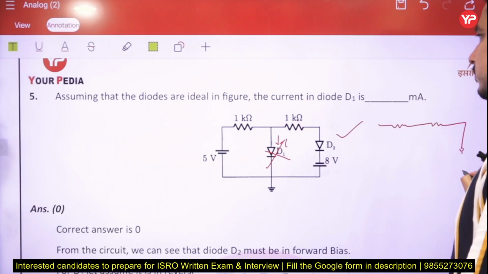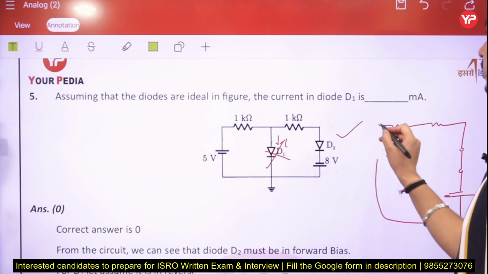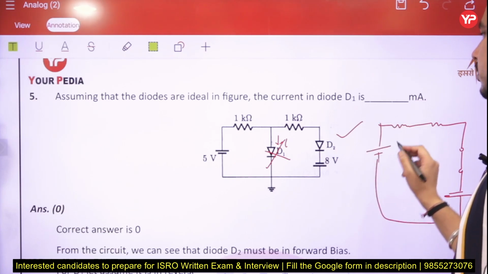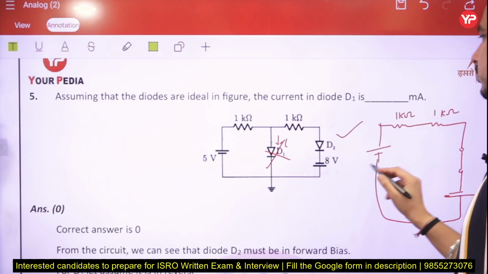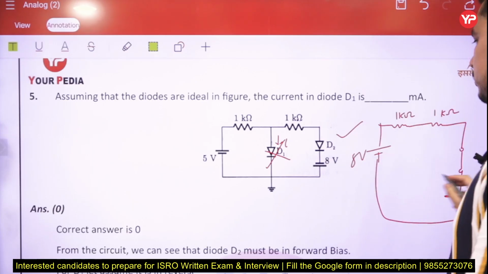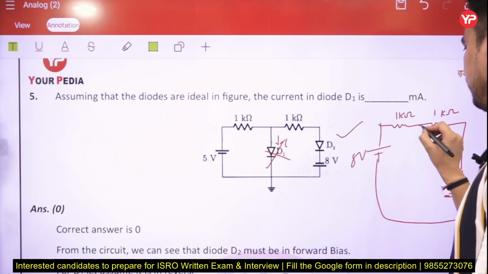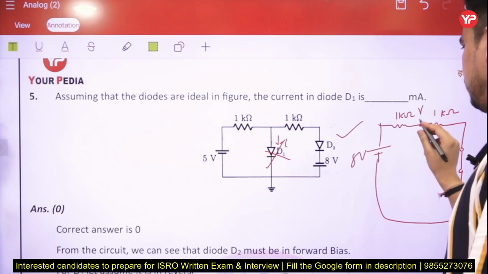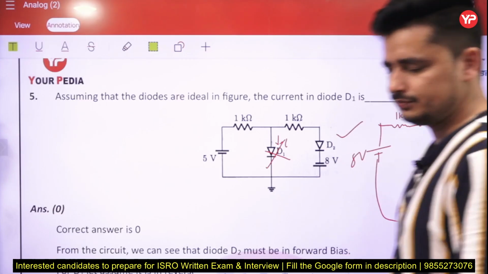This diode is on, 8 volt, and this will be 5 volt. This is 8 volt here. Now we are trying to find the voltage at this terminal. Let us take it as V1.